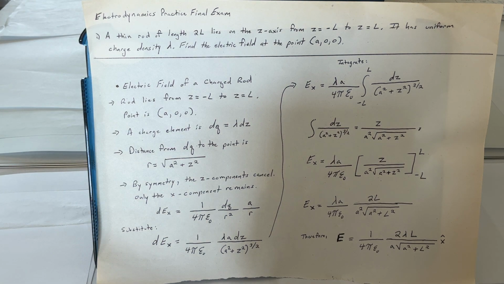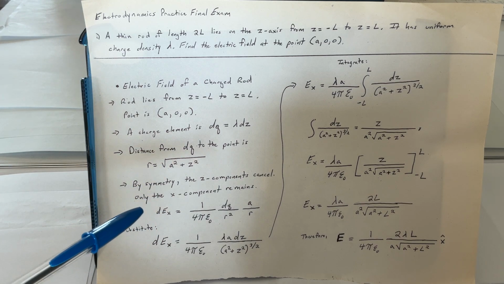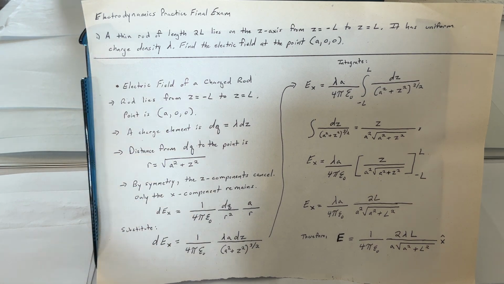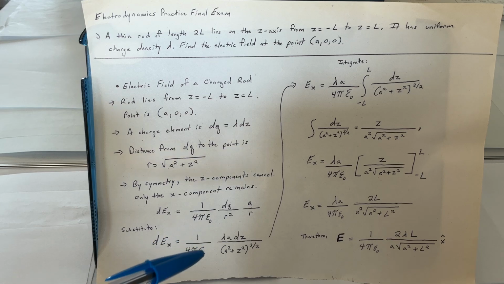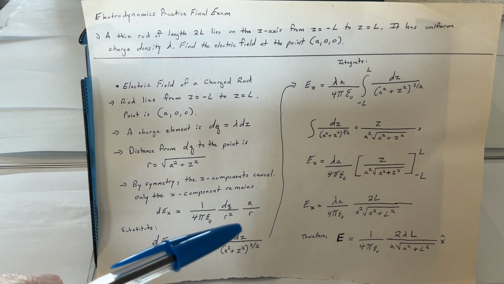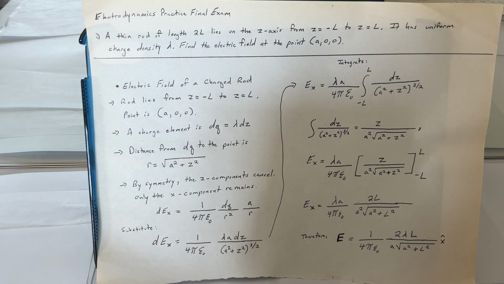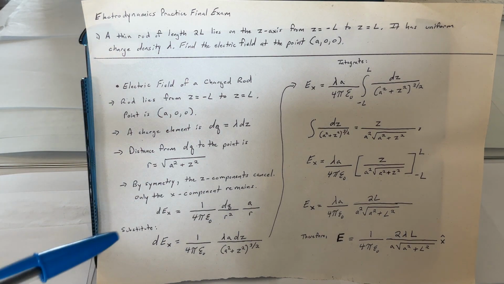So right there we have the dE_x component of the electric field. That's going to be 1 over 4 pi times the permittivity of free space, epsilon naught, times lambda a dz over a squared plus z squared raised to the 3/2. Okay. Now that's after substituting.